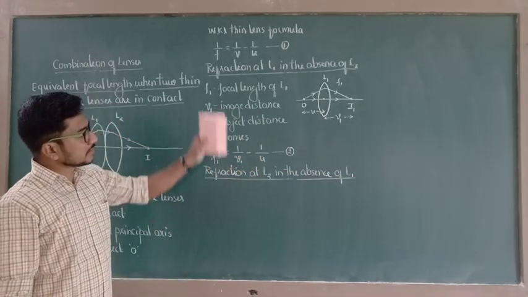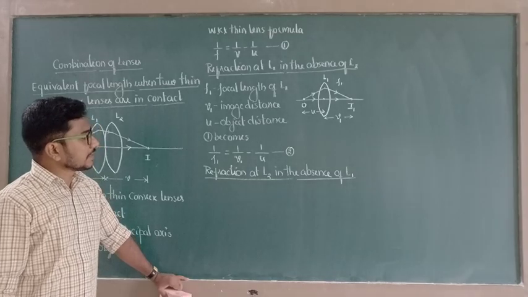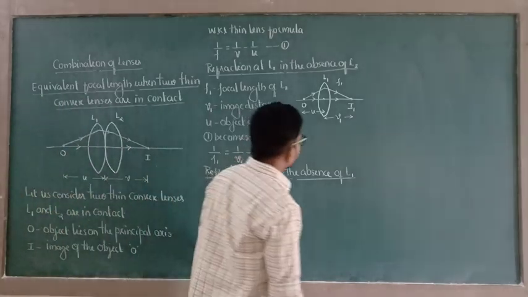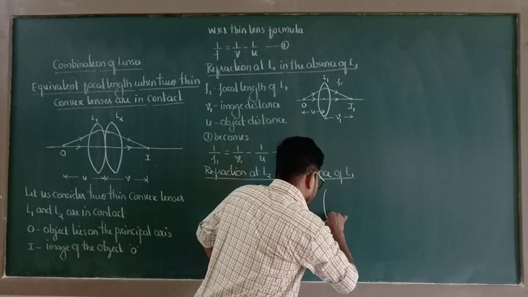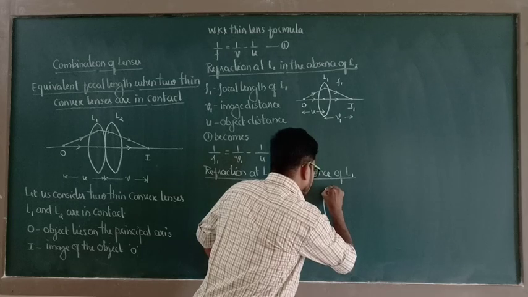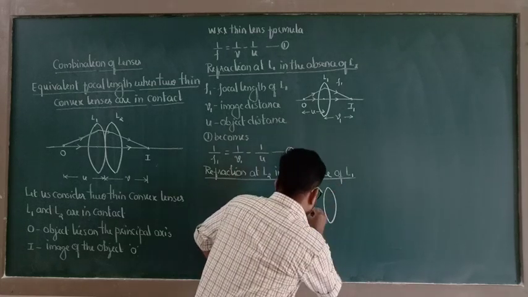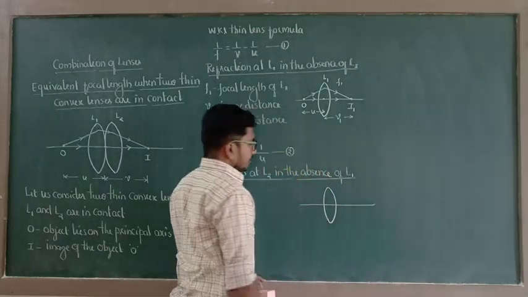So as in this case, now we can analyze refraction at L2 in the absence of L1. So let us plot the ray diagram. Principal axis.